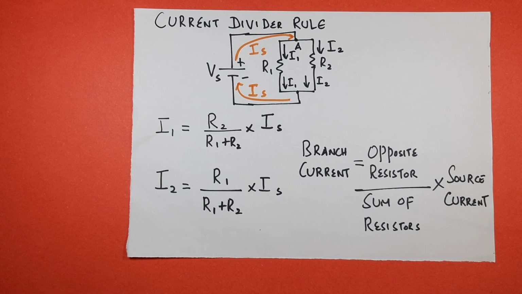Next, we will not do a large number of problems. We will do only one problem, a very simple problem. If you are able to correctly solve that problem, I can say you have correctly understood the concept of series and parallel connection.